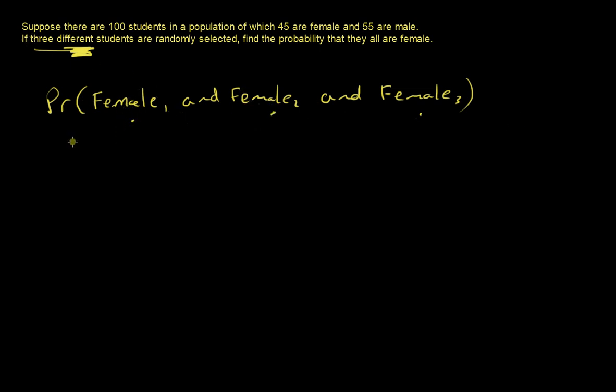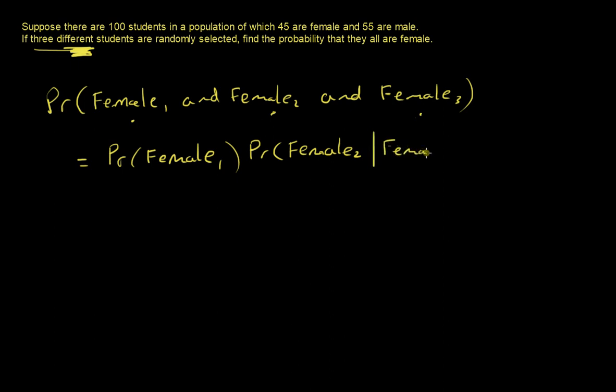All right, so let's go ahead and use our multiplication rule where we have a dependence type structure. So we're going to have the probability of getting the first female, and then the probability of getting the second one as a female, given that the first one selected was a female.